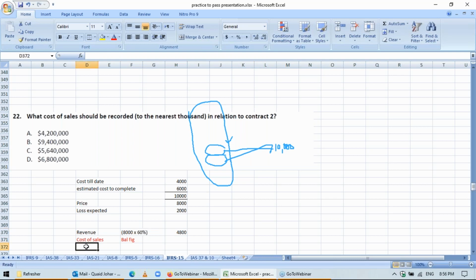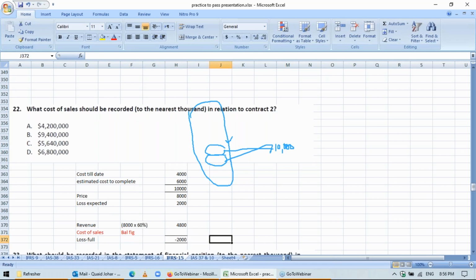So you are bound to recognize all of the loss. You will recognize the full loss. You cannot recognize 60% of the loss, as you will be following the prudence concept. So the loss amount is minus 2,000, right? So what should be the cost? The cost will be 4,800 plus the loss.